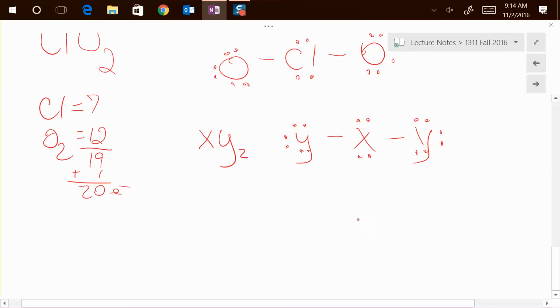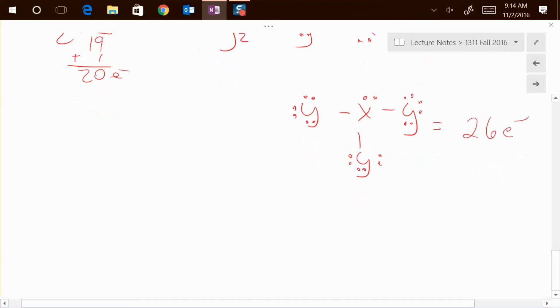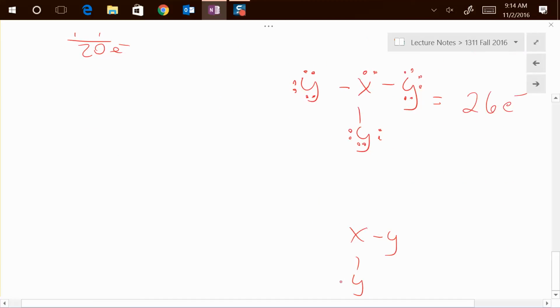If I make 3 bonds, I'm going to start out with 26. If I have 4 bonds, 32 electrons.